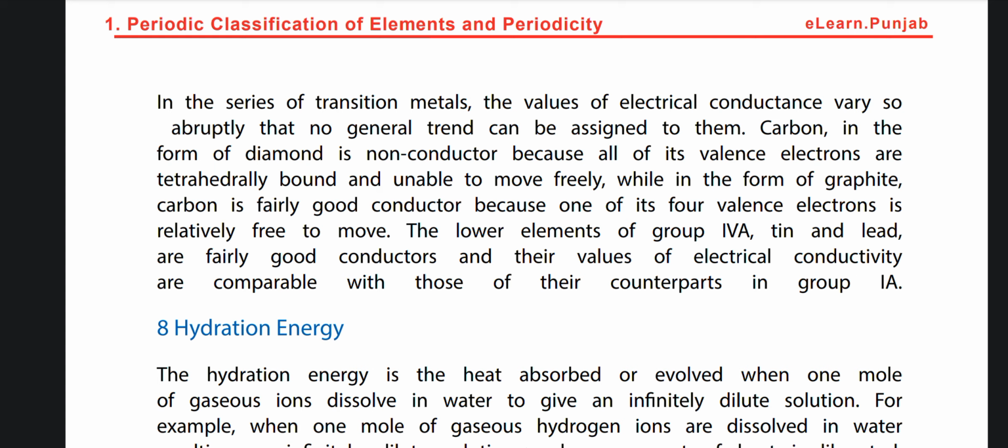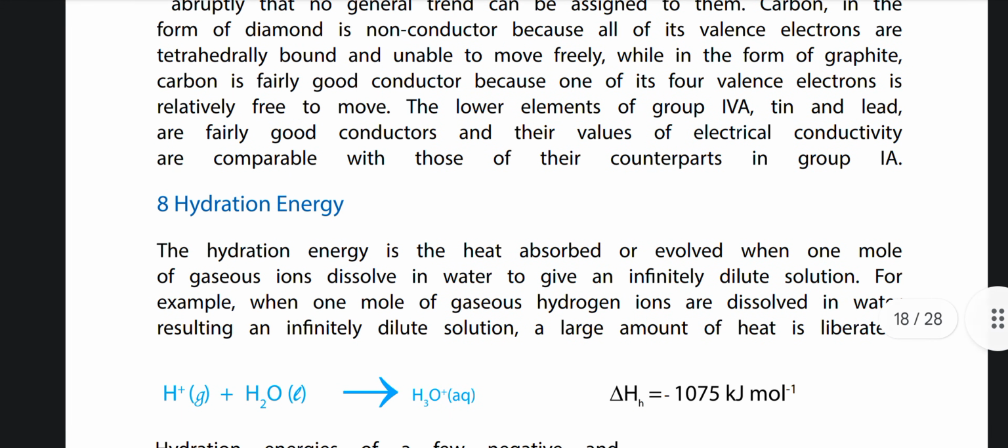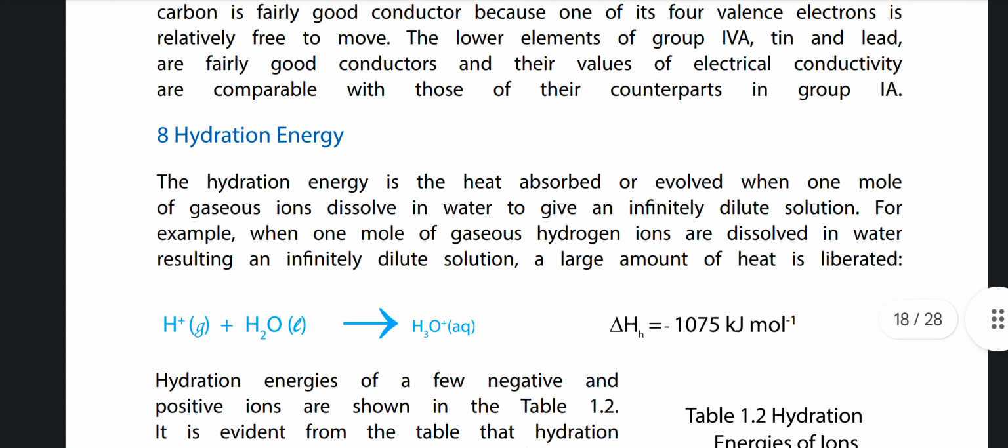Carbon in the form of diamond is a non-conductor because all of its valence electrons are tetrahedrally bound and unable to move freely, while in the form of graphite, carbon is a fairly good conductor because one of its 4 electrons is relatively free to move. The lower elements of group 4A, tin and lead, are fairly good conductors and their values of electrical conductivity are comparable with those of their counterparts in group 1A.